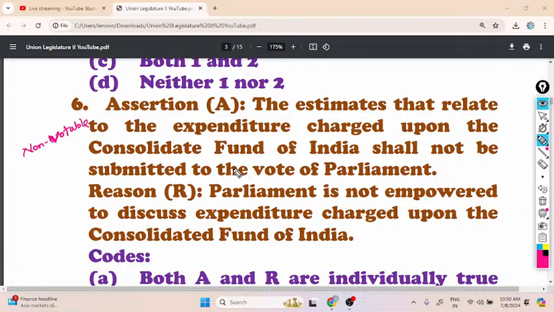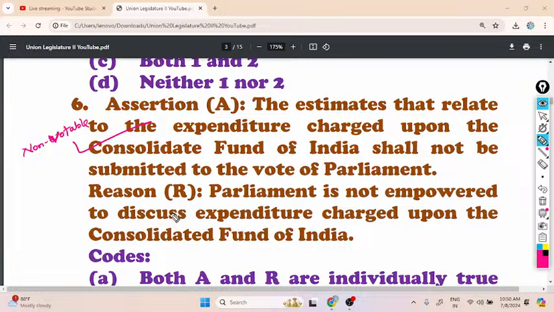There are special expenditures, for example, related to the salaries, allowances and pension of the office of the President, Vice President, Chairperson of Rajya Sabha, Speaker, Deputy Speaker of Lok Sabha, Judges of the Supreme Court, High Court, the Comptroller and Auditor General of India, and the Chairperson and members of UPSC and other bodies, and debt charges. There are a lot of expenditures which are considered to be charged expenditure. So the assertion is correct. The reason says Parliament is not empowered to discuss expenditure charged upon the Consolidated Fund.